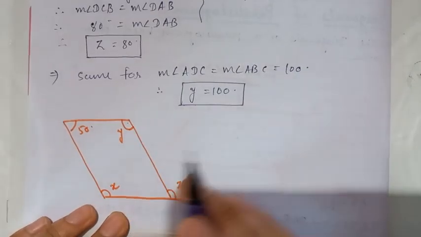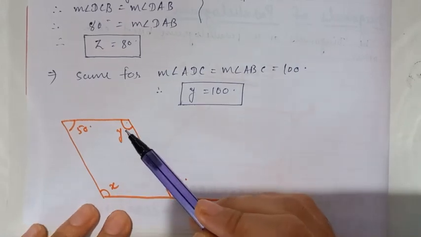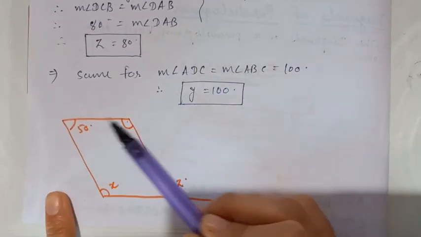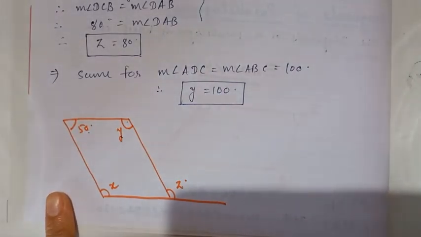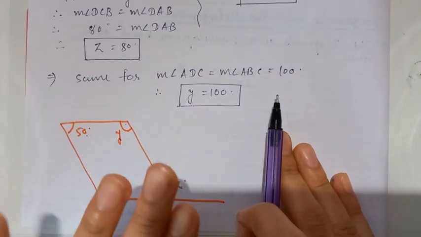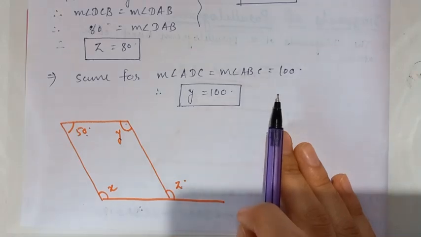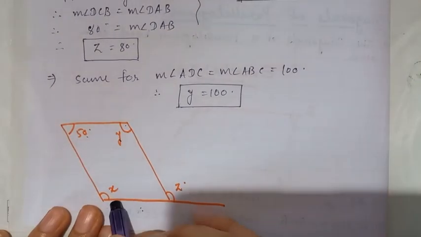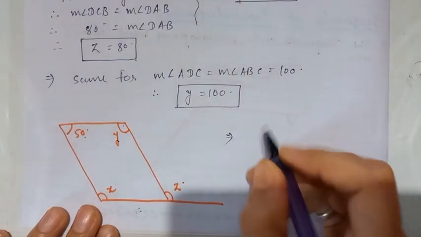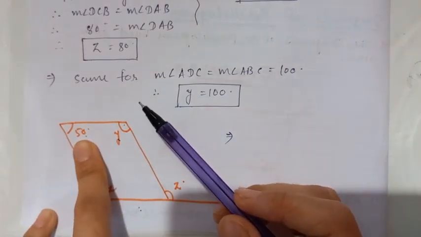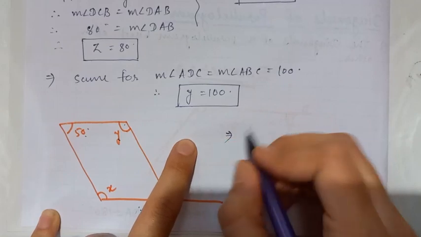So let's find y first. We will use two properties, for opposite and for adjacent. So find the adjacent angle of y. So it is 50 degree. Okay, and we will not write in very much depth, we will show only, because we know the property, and x is opposite, so we can directly write that.